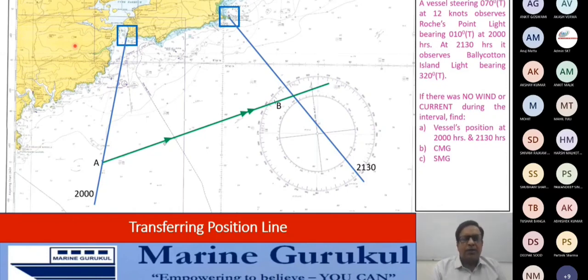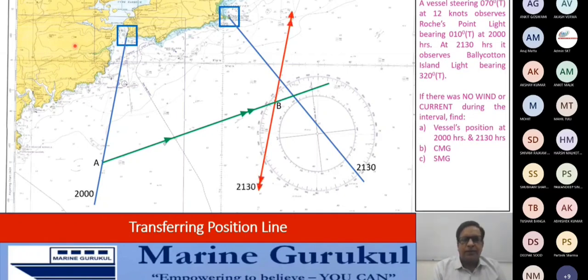So because vector AB is the CMG line and distance AB is the distance made good, point A is transferred to point B. So through B, we transfer the first PL. You can see it here. The transferred PL in red is represented by two arrows at each of its ends.